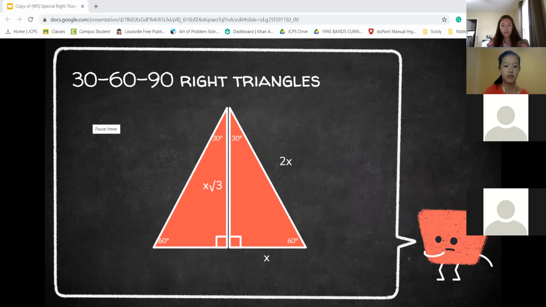So now if we know that one side has length x and the other side has length 2x, we can just use the Pythagorean theorem, which would give us the third side as having length x times the square root of 3. So overall, just remember that the ratio of the sides is x for the shorter leg, 2x for the hypotenuse, and x square root of 3 for the other longer leg.